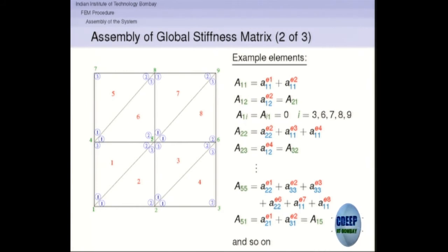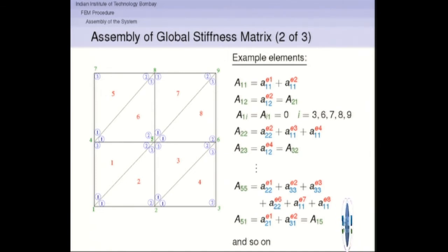When you add all those 6 energy expressions, the potential at node 5, that is one of the variables, will come common in deciding the energy of those 6 elements and hence the total energy. So, that is why A55 will eventually get multiplied by the potential at node 5 in that matrix product, and that is why you have 6 terms here corresponding to A55.